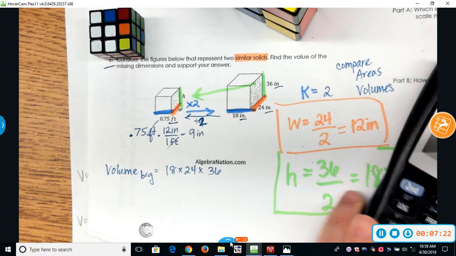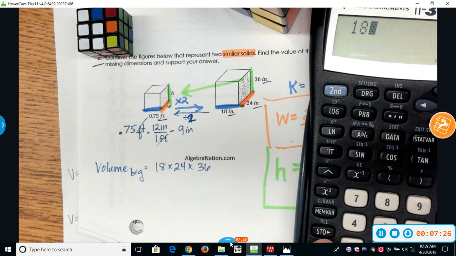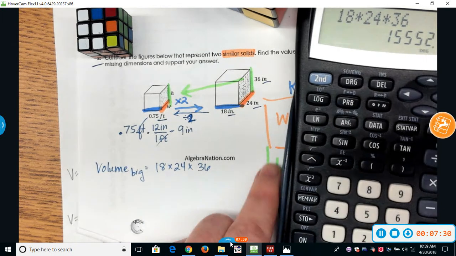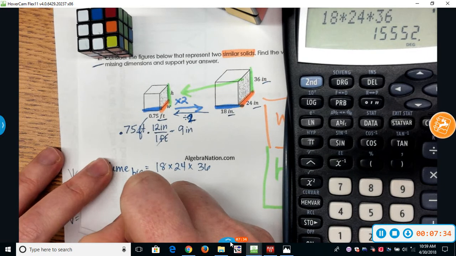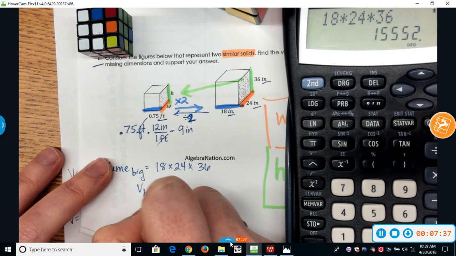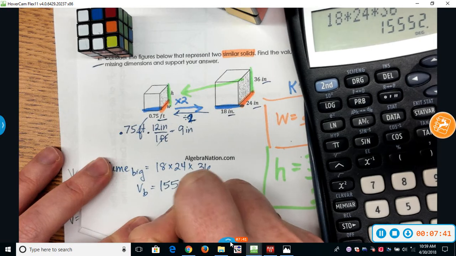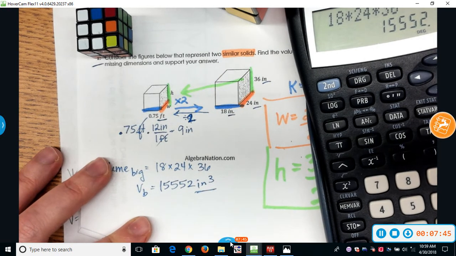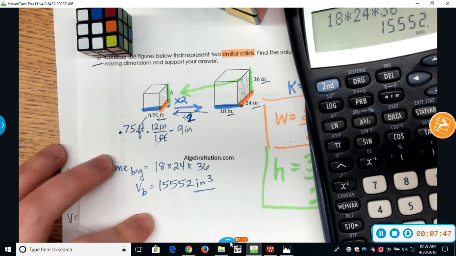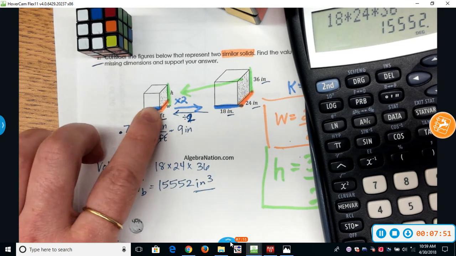I plug that into the calculator. I get 15,552 inches cubed. Again, because it's a volume, it's cubic. Here we just had singular inches because it was just one side.